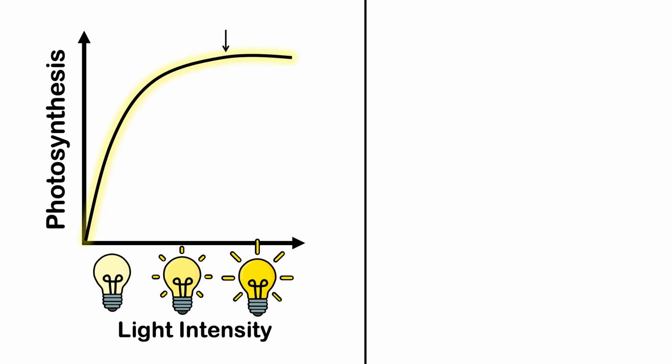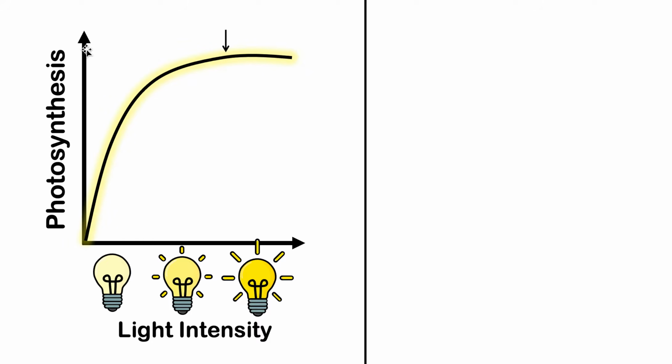Let's look at them. So here we have a lovely graph. You need to know how to recognize this. This is going to pop up and you're going to have to recognize it and be able to say something about it or even answer a multiple choice on it. So you can see on the x-axis, the increasing light intensity. So here, low intensity, medium, high light intensity. So essentially daylight. Early morning, you're going to have very low intensity, and then midday, you're going to have a high light intensity, right?